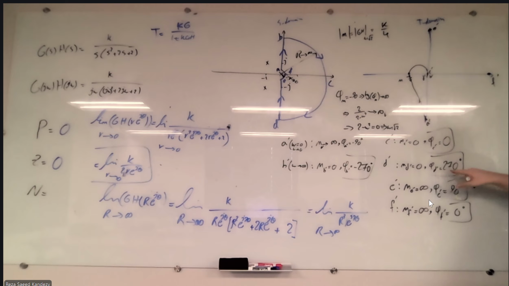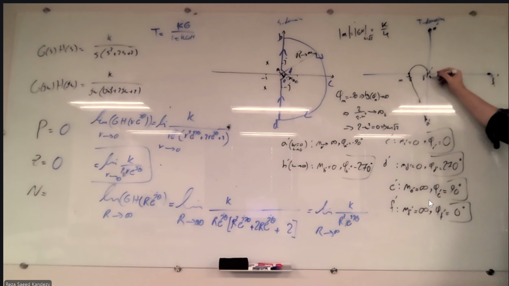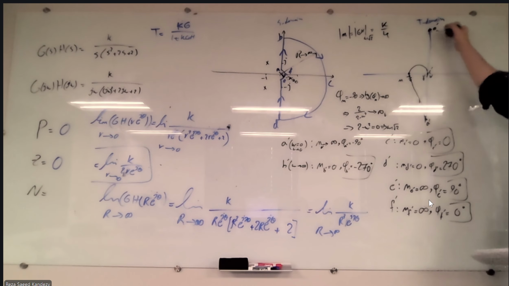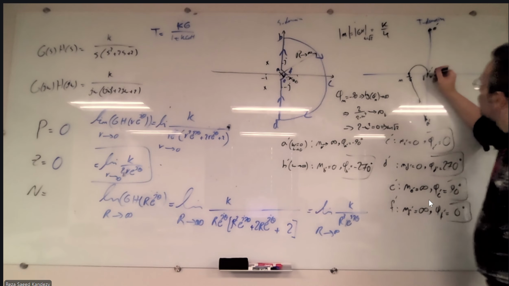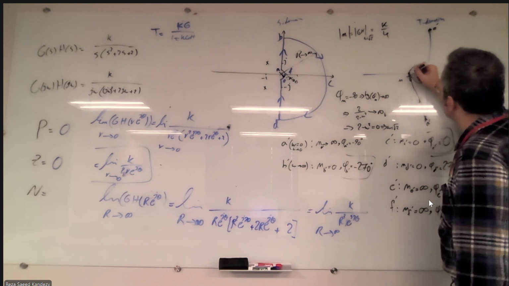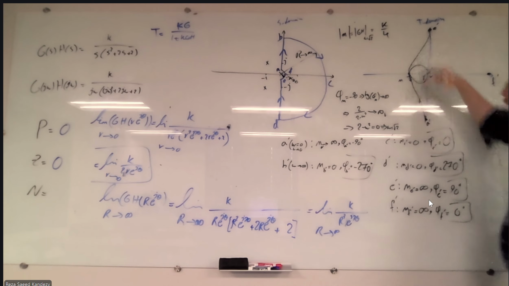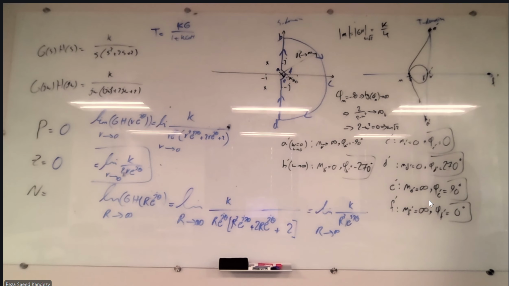See, D prime is 270, this angle, and E prime is 90, this angle. And we know the symmetry in a Nyquist, so this one should mirror the other part. Are we good?